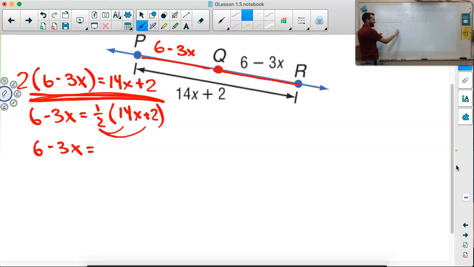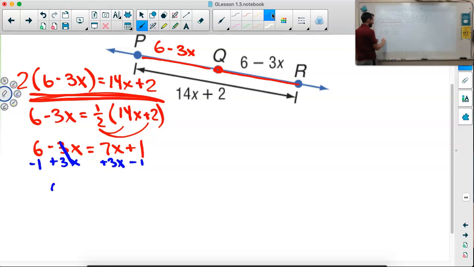If I distribute my 1/2, you've got 7x plus 1. That 1/2 has to go to both, if you remember the distributive property. And now I'm solving this algebraically by moving things to one side, so plus 3x. And then minus 1. So you got 5 equals 10x.